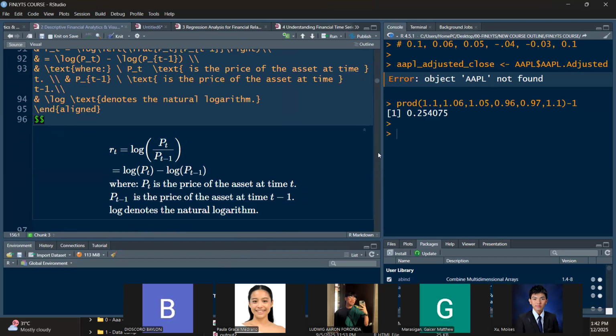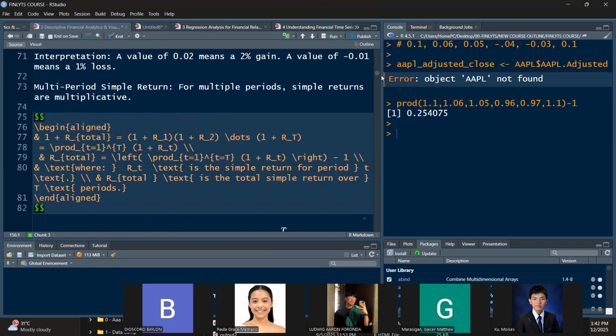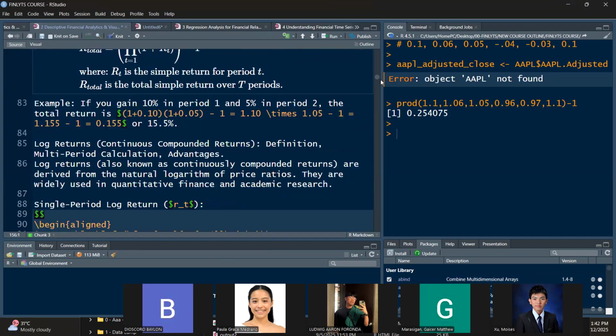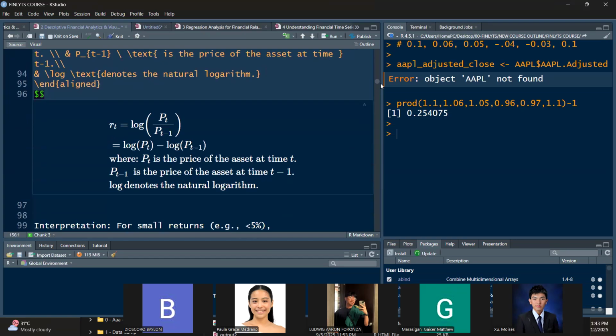Notice that the standard way to represent your log returns is small r. For simple returns, it's capital R. That's what you'll see in finance textbooks. I think that's the agreed standard, but these are just representations. So to follow the standard, r sub t is log returns, equal to log of P sub t over P sub t minus 1.